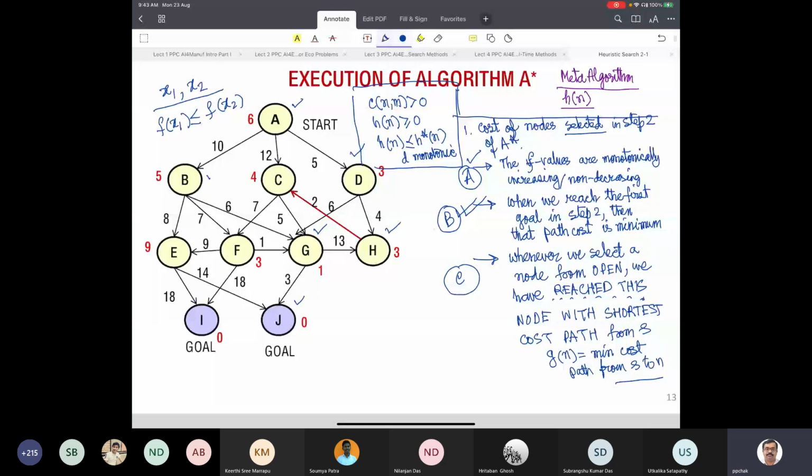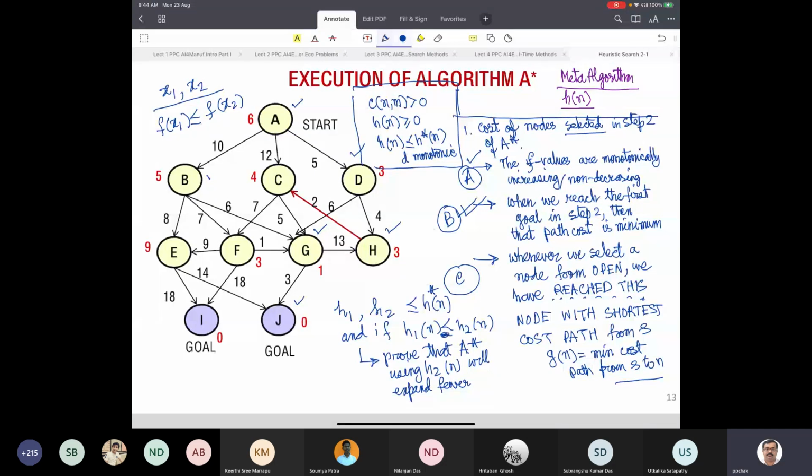So armed with these, the last thing we are left to prove is that if I have two estimates h1 and h2, and both are underestimates of the optimal cost path, and if h1(n) is less than h2(n), prove that A star using h2(n) will expand fewer nodes than A star using h1.